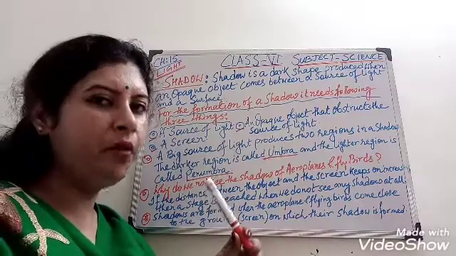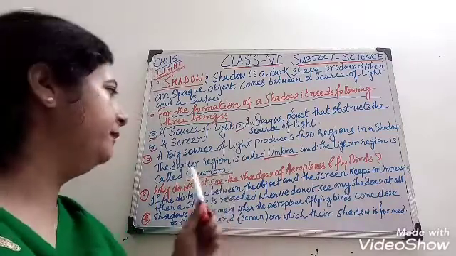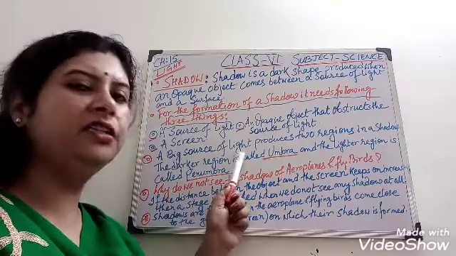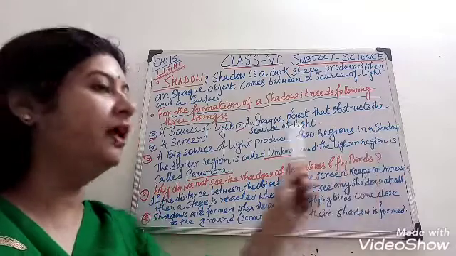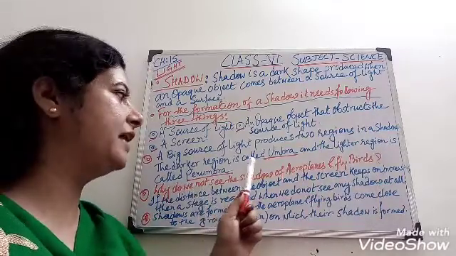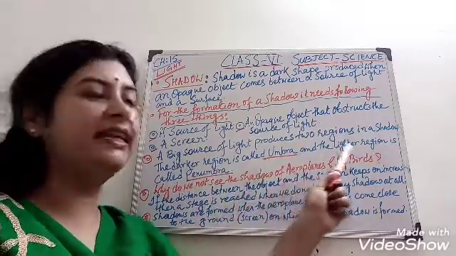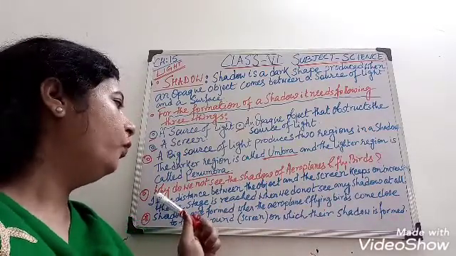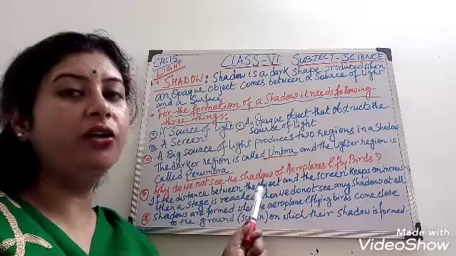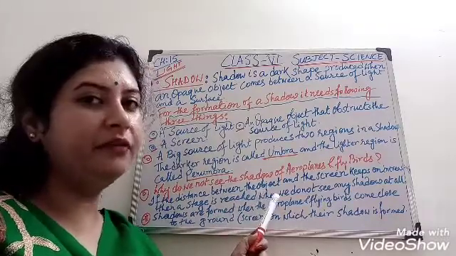One more important piece of information for you children. A big source of light produces two regions in a shadow. The darker region is known as umbra and the lighter region is known as penumbra. Why do we not see the shadow of an aeroplane and a flying bird?